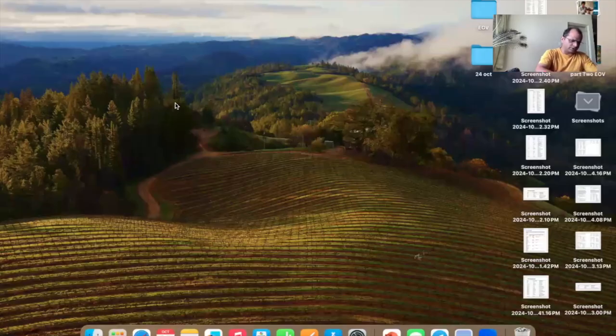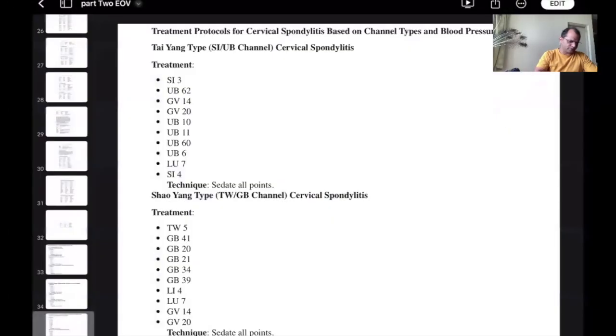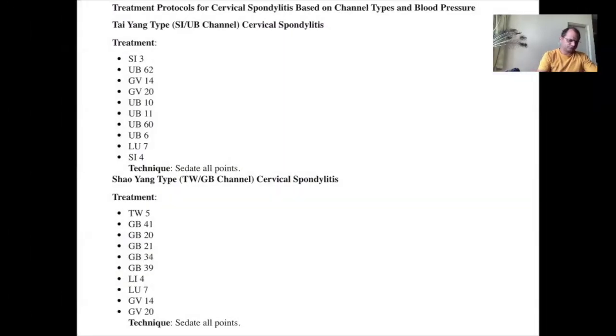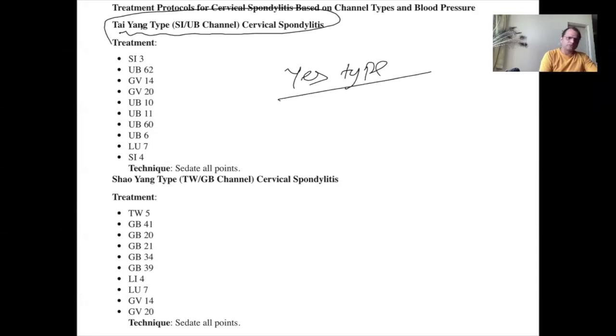So number one, we are discussing the yes type of cervical spondylosis. Yes type. In TCM, it is called Tai Yang type.